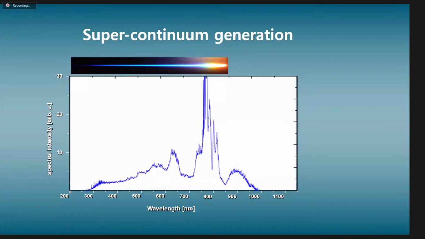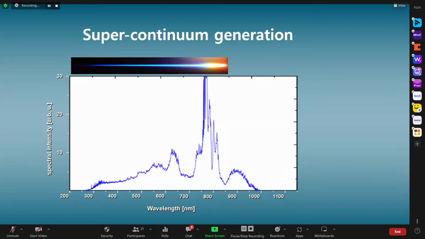Basically, laser technology has advanced, so nowadays people are very much interested in producing ultrashort pulses through supercontinuum generation. You can produce supercontinuum using a hollow-core fiber filled with gas, and also you can use a series of thin multiplates, so we can make a broadband spectrum like this.